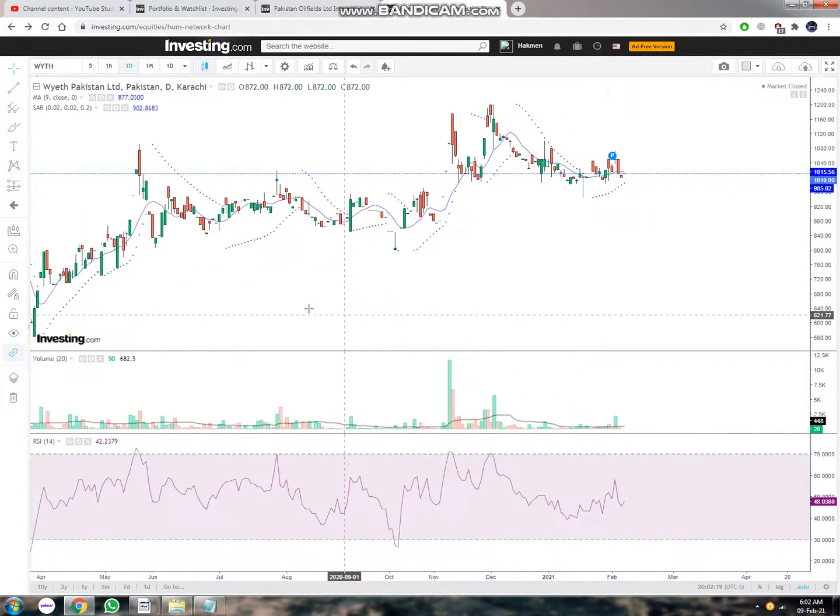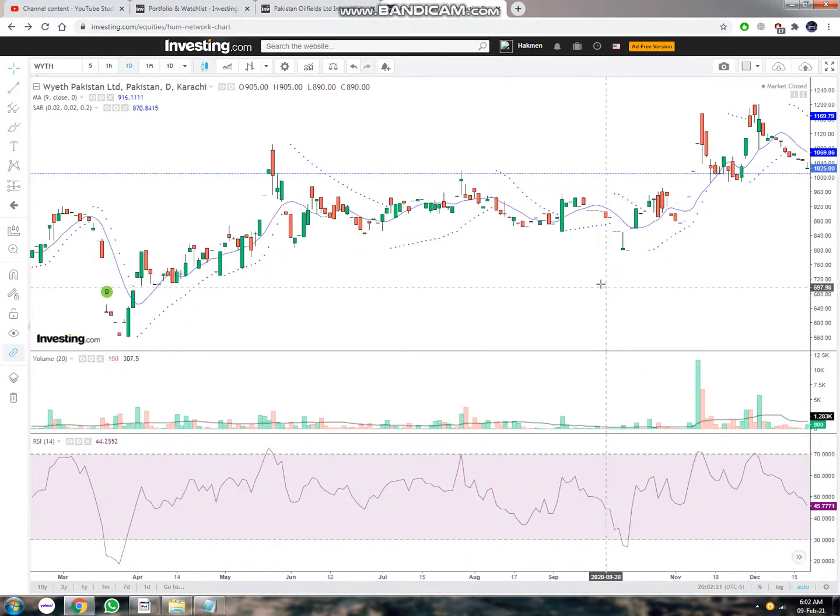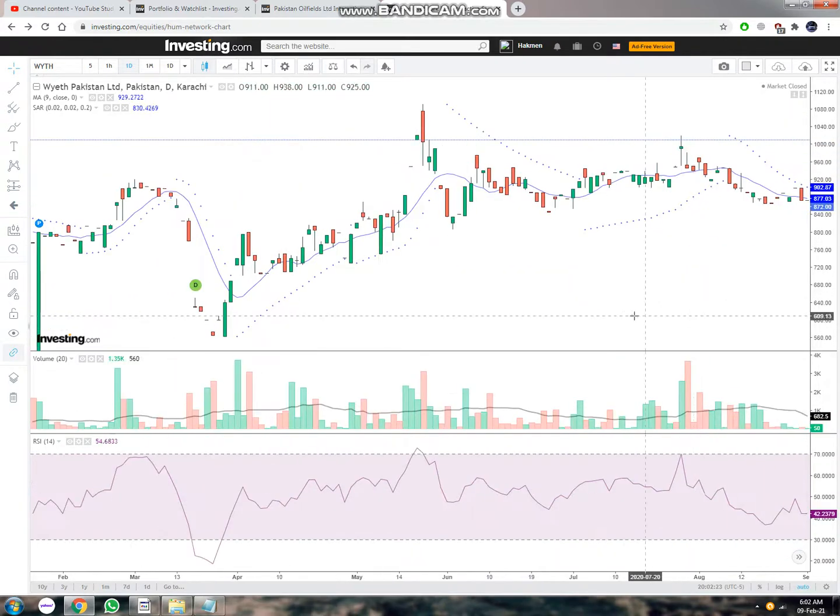Okay, let's take a look at this one. The same is the case with this one, with Pakistan. The same is with this one. You'll have to plot your own overbought and oversold areas and trade according to them.